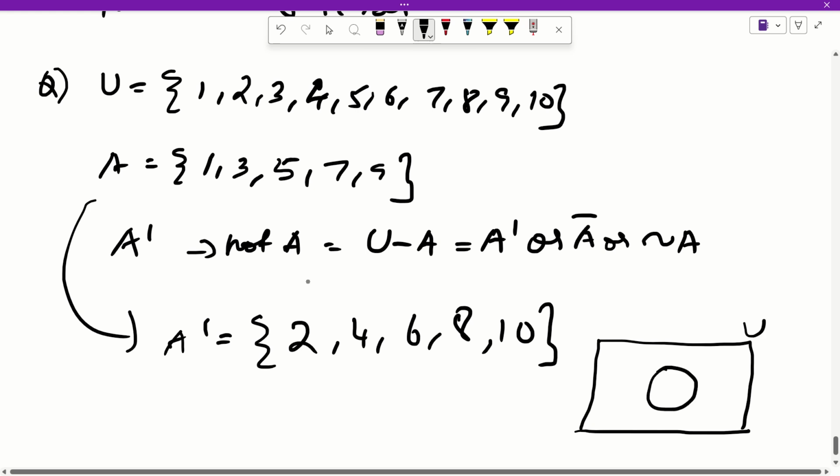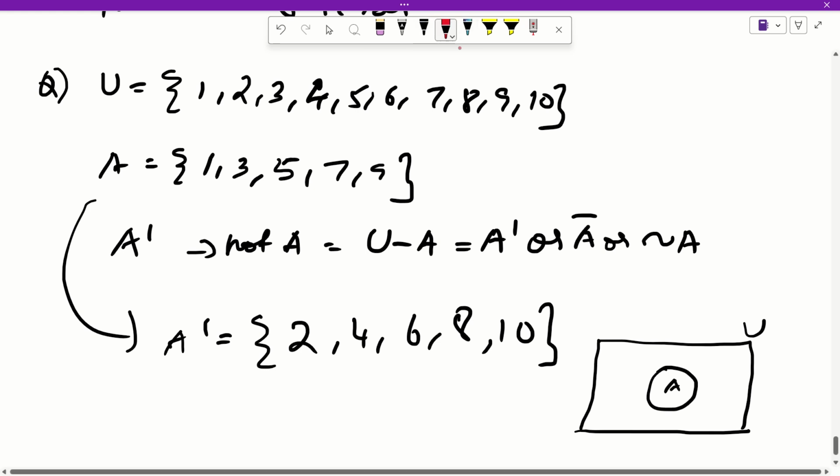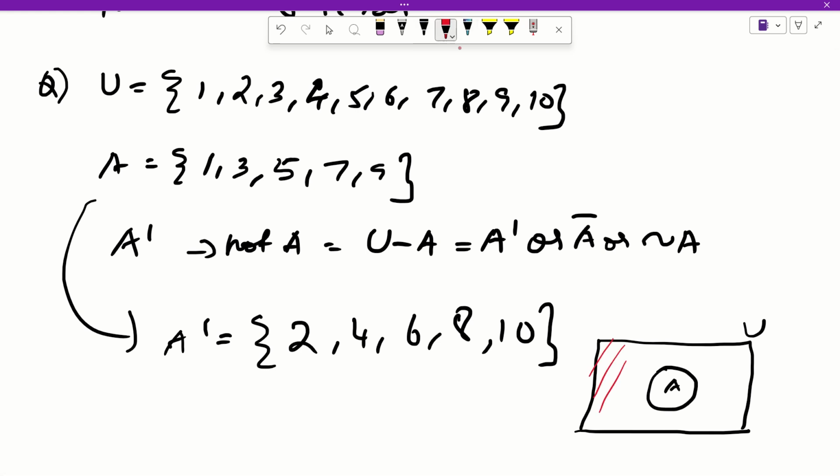We know that this is A. What is not involved in A, that is A complement.